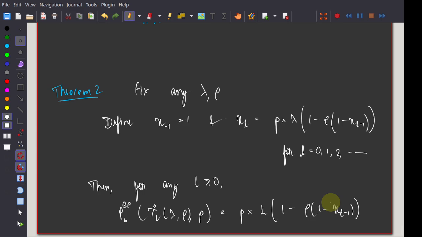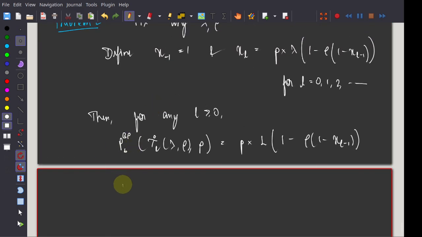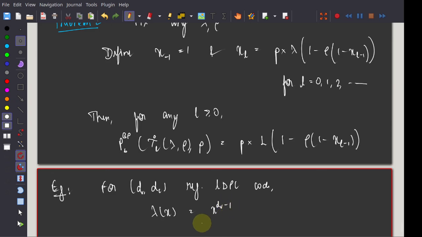So let's just see what would happen if we chose a regular LDPC. So for a (dv, dc) regular LDPC code, we have lambda of x equal to x raised to dv minus 1 and rho of x equal to x raised to dc minus 1.